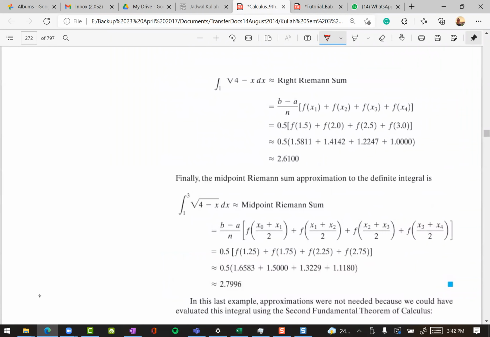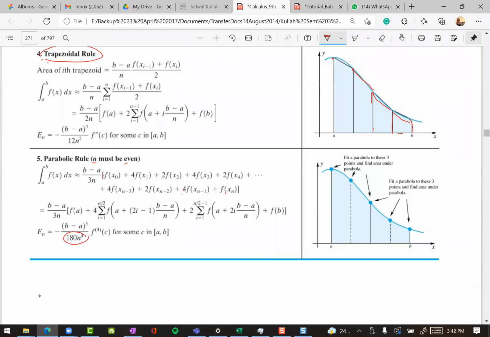Where is that thing? All right, yeah. So b minus a over n is the division width. So it's over 3. So just delta over 3. So 1 over 3n.